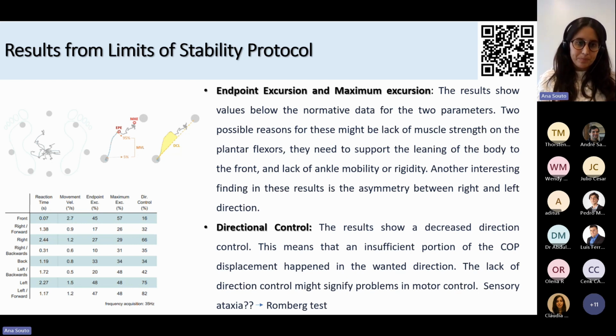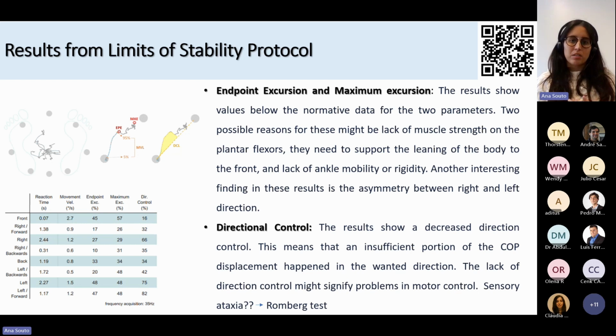So we can see that our patient has decreased endpoint excursion and maximum excursion for all directions, but this is way more pronounced in the targets to the right again. This again can be due to a lot of causes.